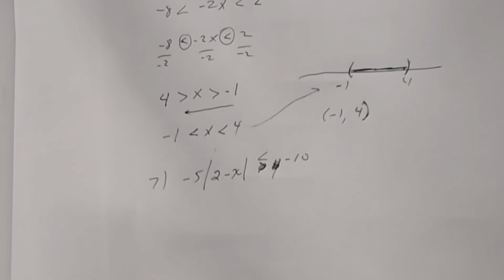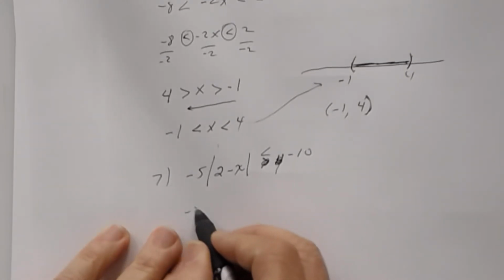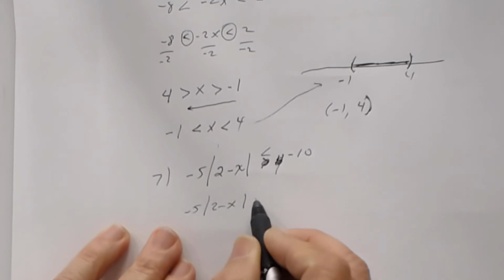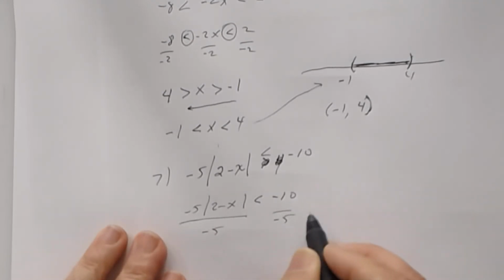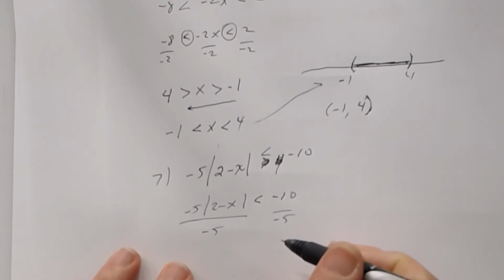Okay? All right. What do you have to do first? Get the absolute value bars by itself. So what's the first step? Divide both sides by -5. So I'm going to rewrite this over. Divide by -5, divide by -5, and I'm dividing by a negative number.